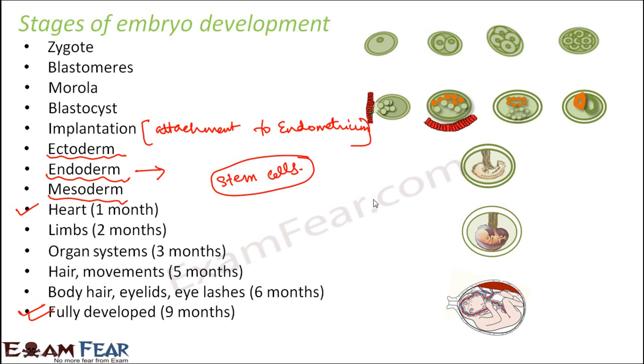So this period of 9 months is called gestation. The gestation period is those 9 months where the development actually takes place inside the mother's body.